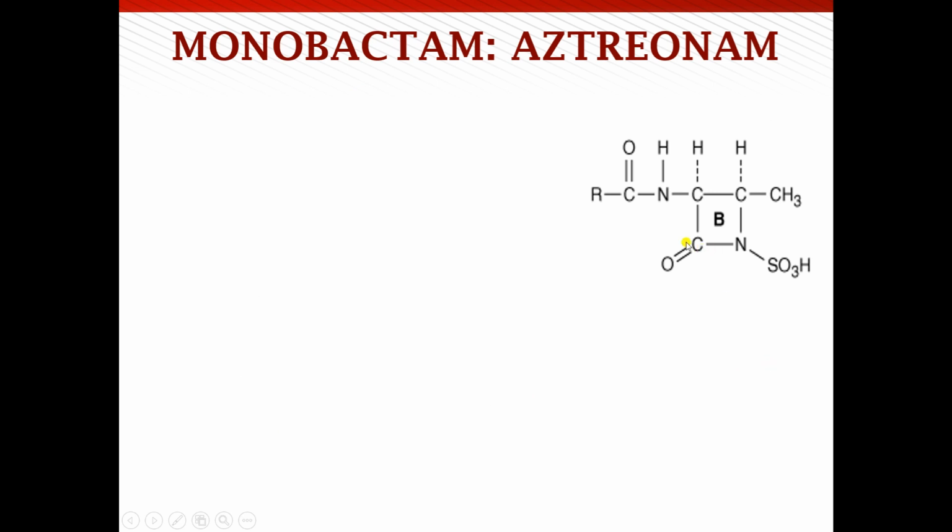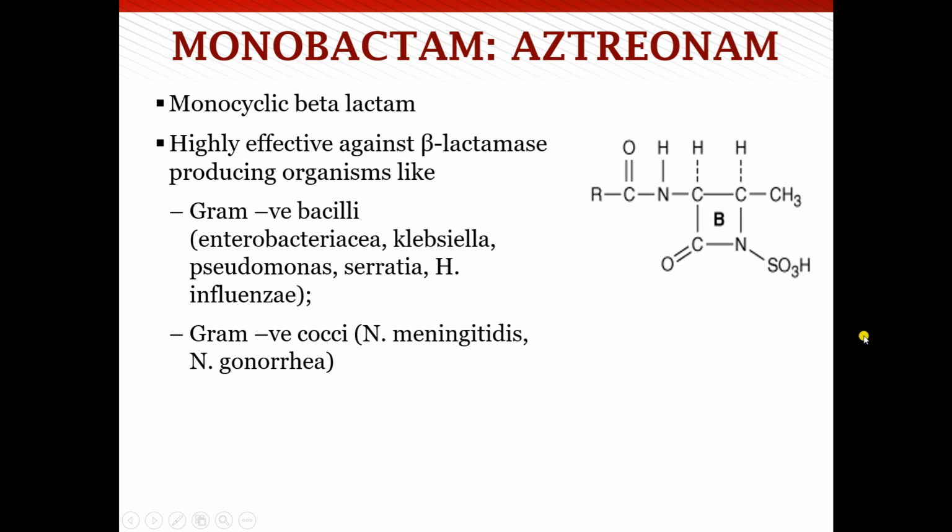Now we come to the new class, that is Aztreonam. It is also called Monobactam because, as you can see in the chemical structure of Aztreonam, it contains only a single penicillin ring. That is why it is called a monocyclic beta-lactam, because it contains only a single ring.